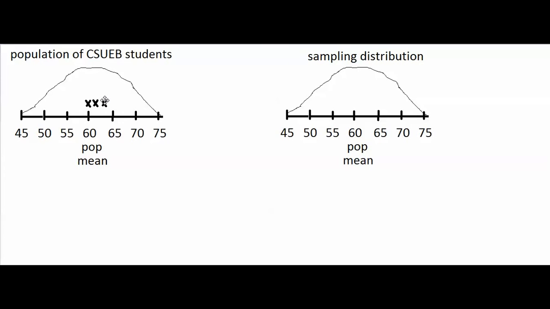And I get one student who's 66 inches tall. So this right here is my sample of 4 people that I've selected. I've selected these 4 people and I've recorded their heights.